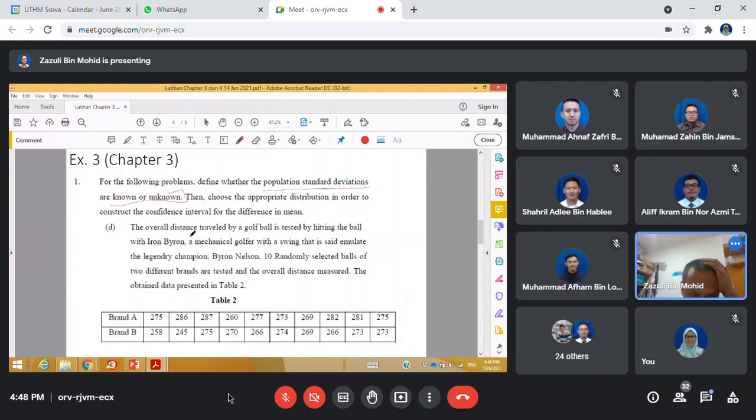Question D. The overall distance traveled by both balls is tested by hitting the ball with Iron Byron, a mechanical golfer with a swing that is said to mimic the legendary champion Byron Nelson. 10 randomly selected balls of two different brands are tested. Maknanya ada dua ball ni, ball brand 1 dengan brand 2.